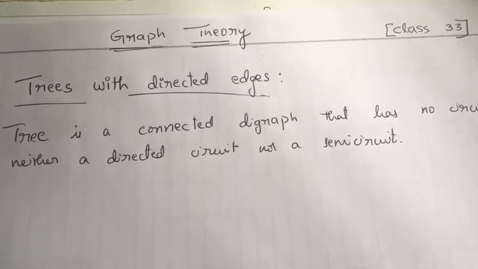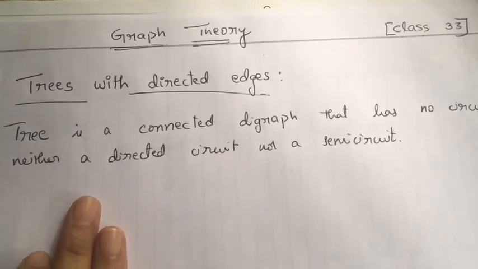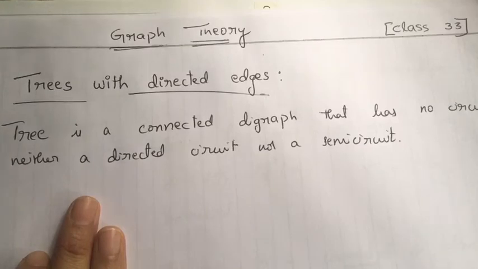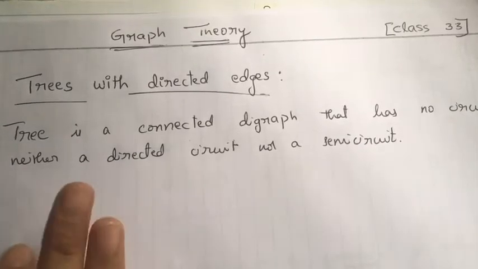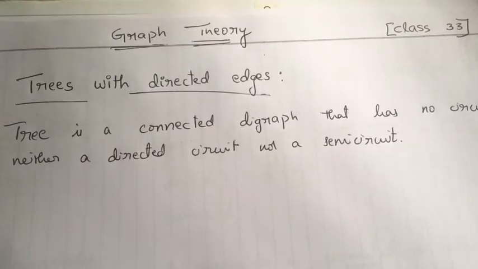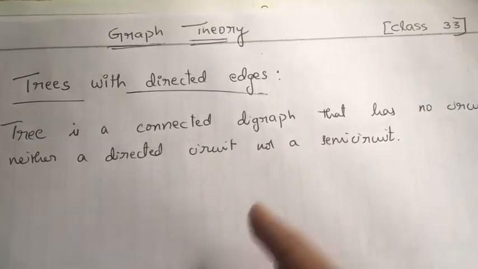One such particularly useful type is nothing but arborescence. In fact, it is a rooted tree with directed edges. Okay, so let us learn about arborescence.